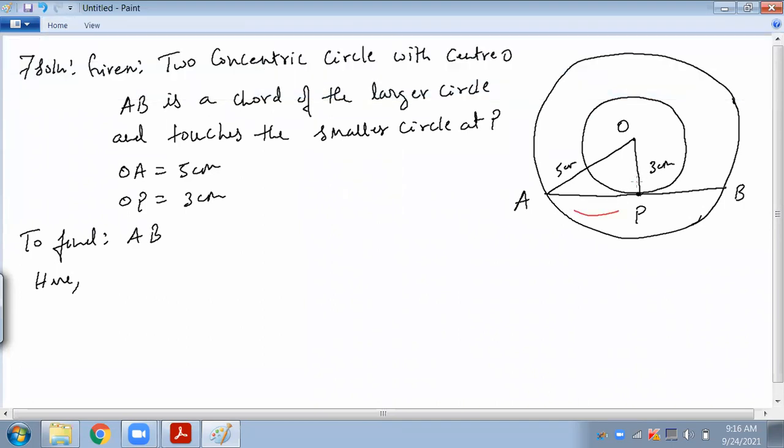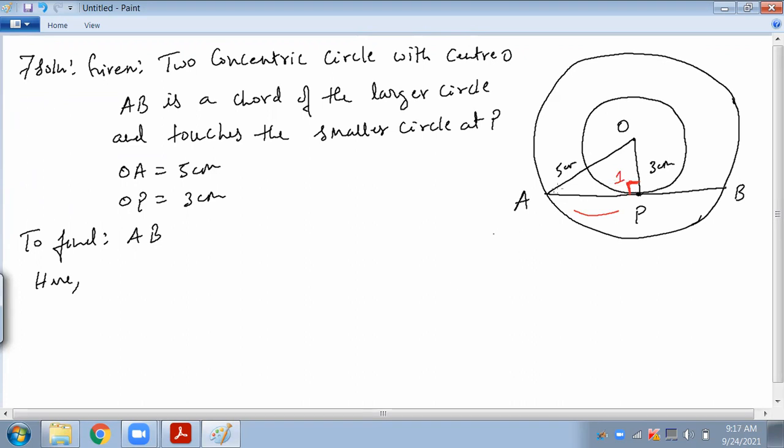We know that if the chord AB is touching the smaller circle at a point, then AB is a tangent to the smaller circle. And we know that radius and tangent are perpendicular to each other, so we can take angle APO equal to 90, or we can mark it angle 1 equal to 90.